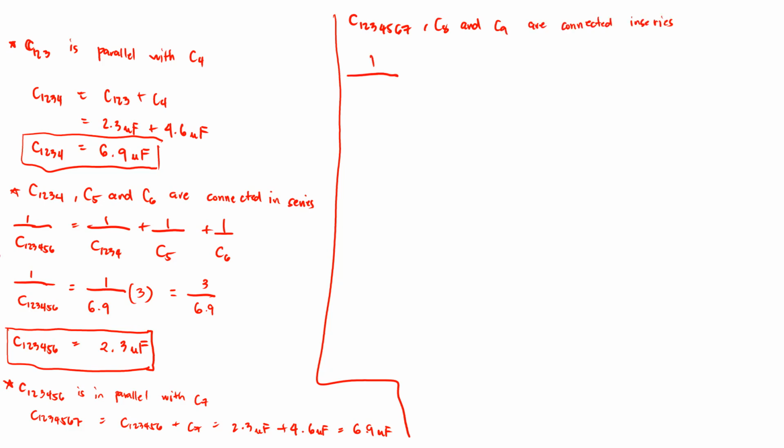Therefore, 1 over C123456789, which is our equivalent capacitance, is equal to 1 over C1234567 plus 1 over C8 plus 1 over C9.